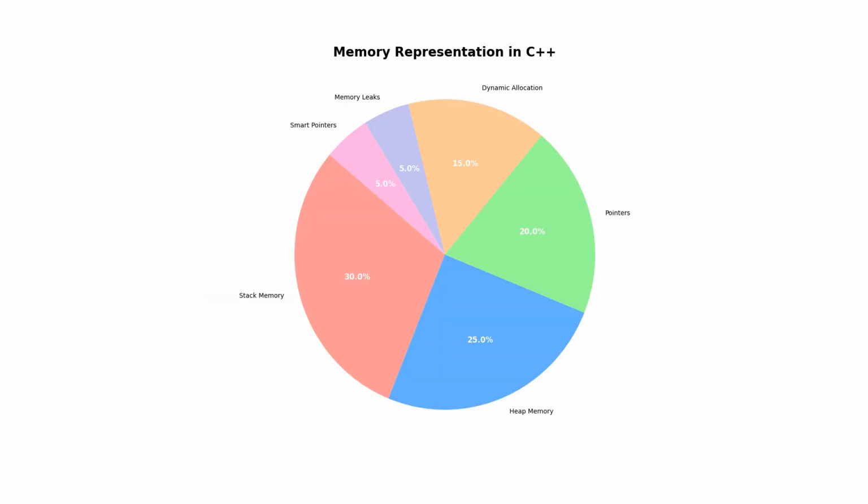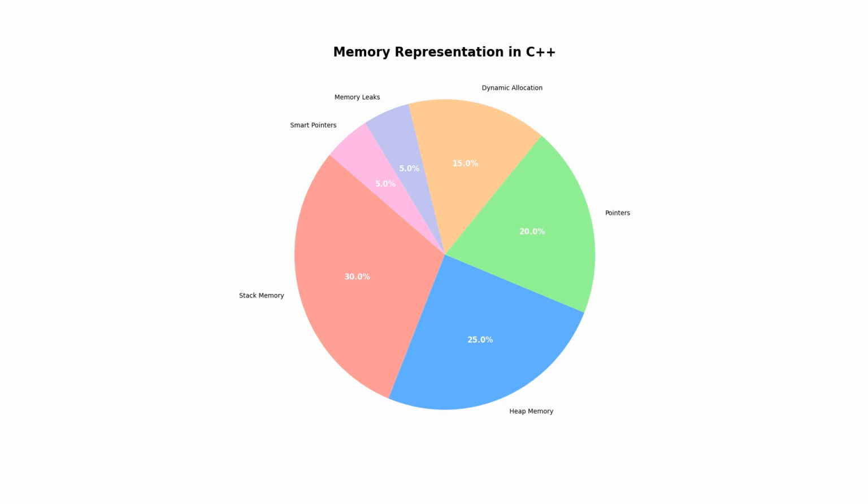From these values, the pie chart titled Memory Representation in C++ divides the subject into 6 labeled slices with the following proportions: stack memory 30%, heap memory 25%, pointers 20%, dynamic allocation 15%, memory leaks 5%, and smart pointers 5%.